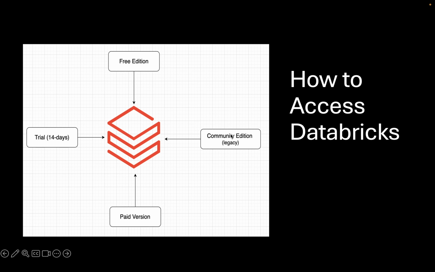You can still log in through the Community Edition, but if you want to enjoy the latest features of Databricks, you should use the Databricks Free Edition. This is the version that we will be using today. And if you want to use the paid version, or to get a feel of how the paid version looks, then you can go through the trial version.